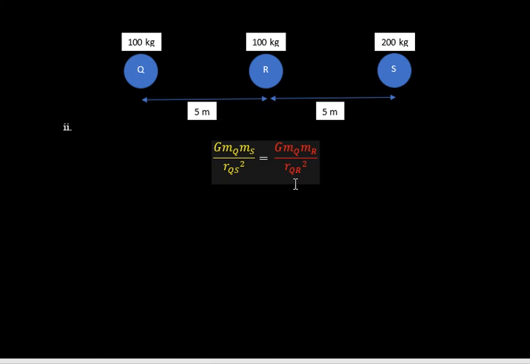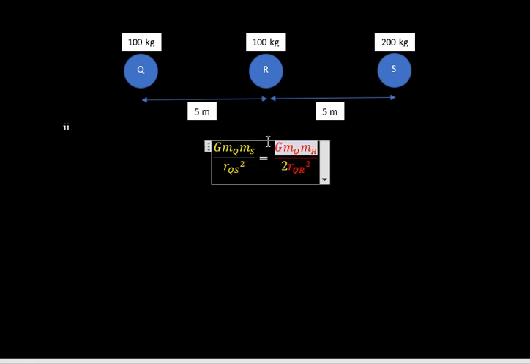Here the distance between Q and R is 5 meters. So to make them equal, we need to add a 2. In the numerator we have G on both sides, mQ on both sides. The difference is mS on the left and mR on the right. mS is 200, mR is 100.